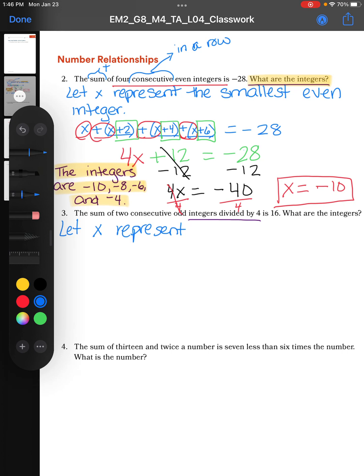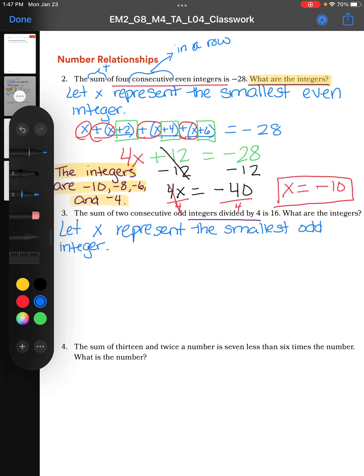So again, let x represent the smallest, in this case, odd integer. It's important because when we get an answer, when we get x equals, we have to remember, well, what is x standing for? What is it talking about in the context of this problem?